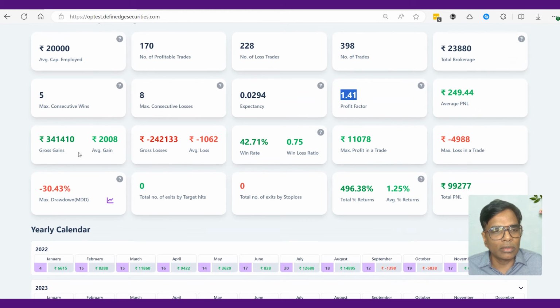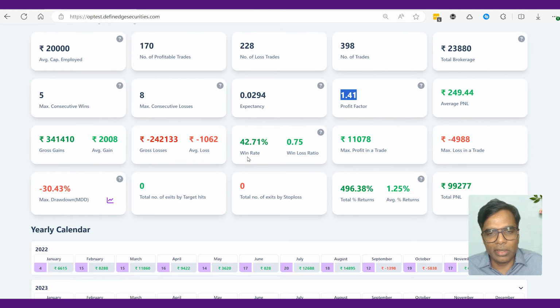It's simply gross gains divided by the number of profitable trades that gives you the average gain, and gross losses divided by the number of lost trades gives you the average loss. Here also, as you can see, it's 1 to 2, and that is why you got this positive expectancy.